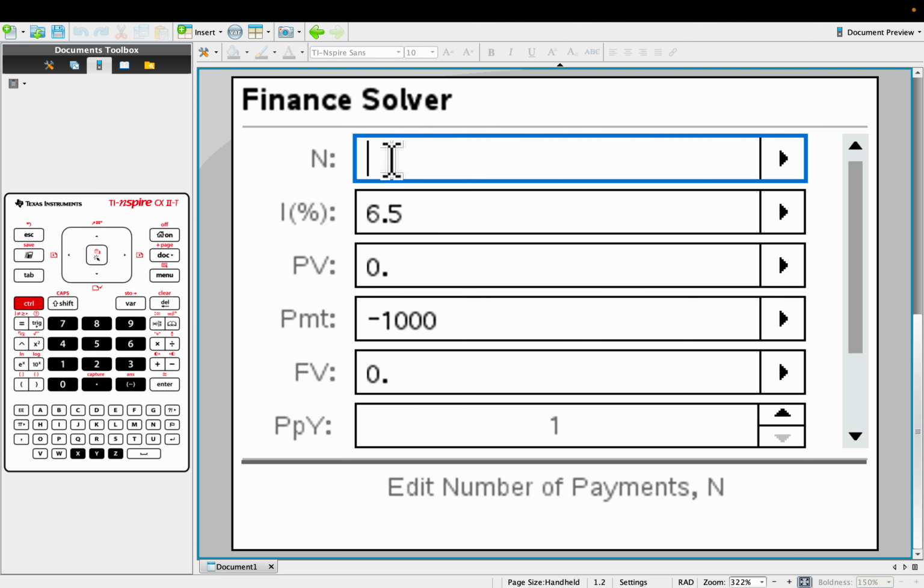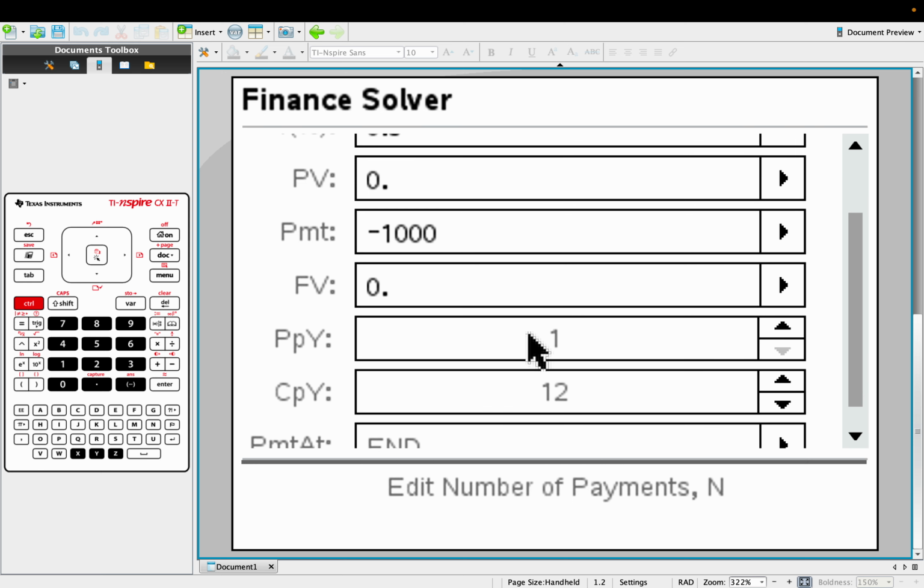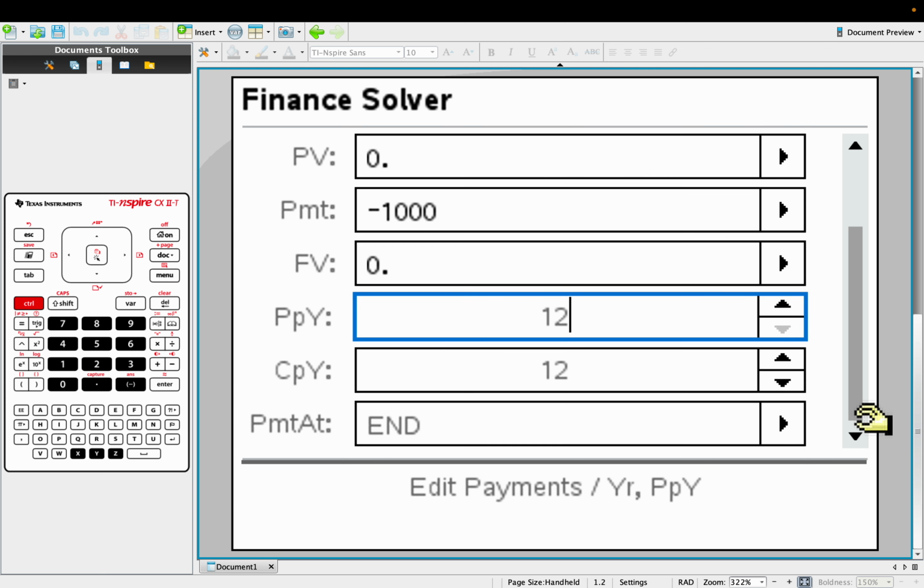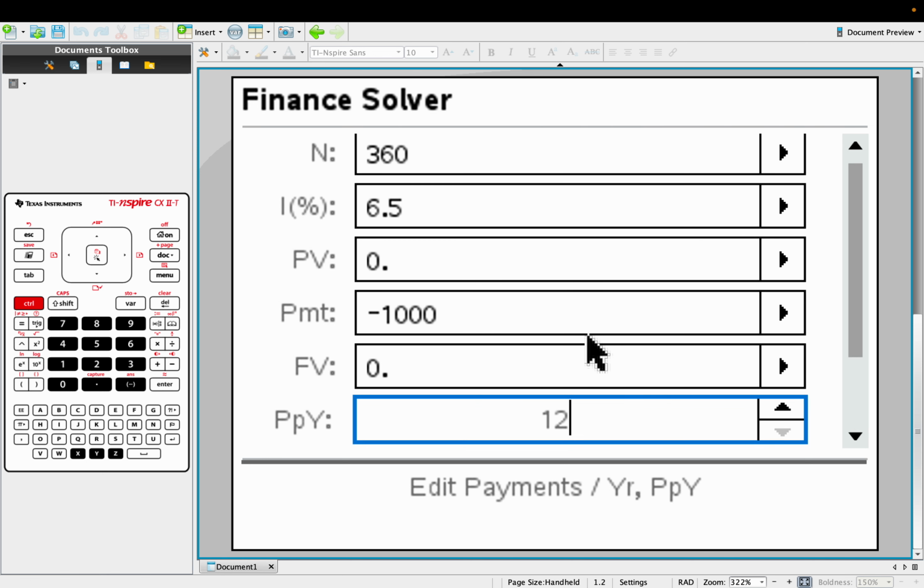This N is the number of payments, so that's 30 times 12 is 360. Now the present value is 0 because I'm not putting any money in. I don't have anything to start with. It's a payment regularly of 1,000. And look, the PPY here actually matches the payment here, and we're making 12 payments per year. And that is it. We find the final value.